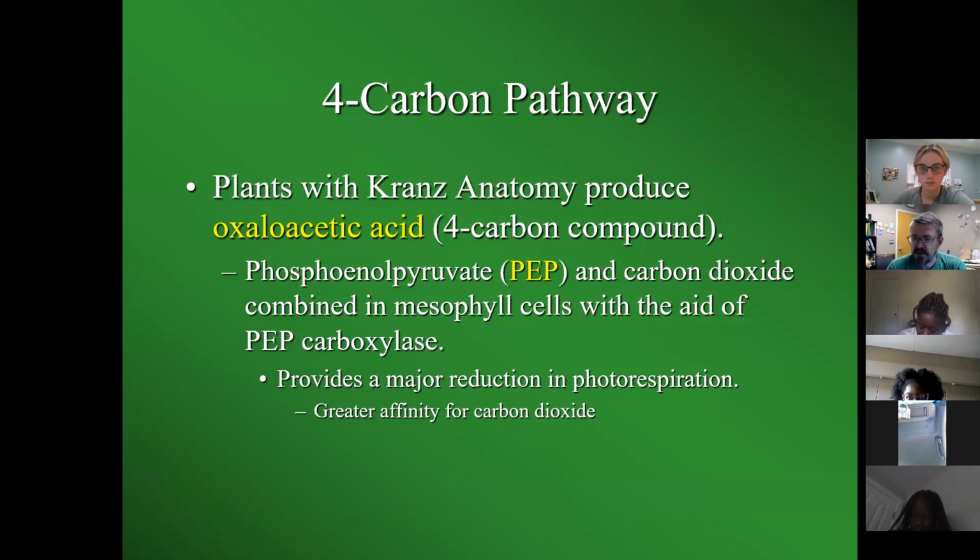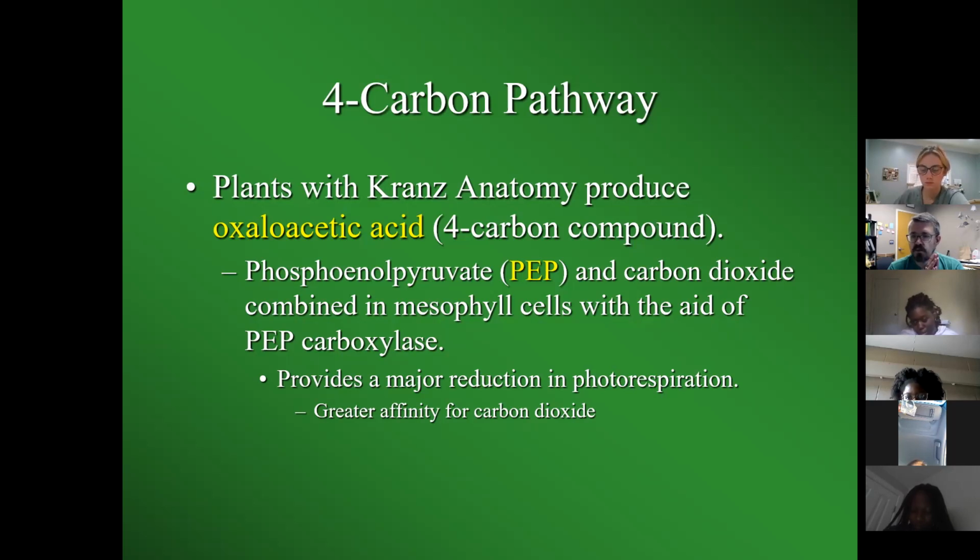So I've already mentioned this, but I'll repeat it. Those plants that do C4 with the Kranz anatomy, they produce the oxaloacetic acid. And I'm not worried about you remembering oxaloacetic acid, okay? That just happens to be the 4-carbon compound for C4.